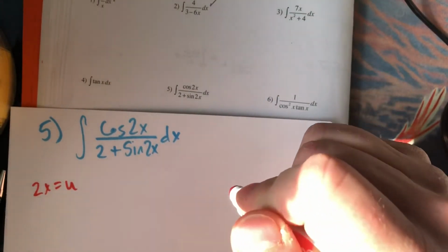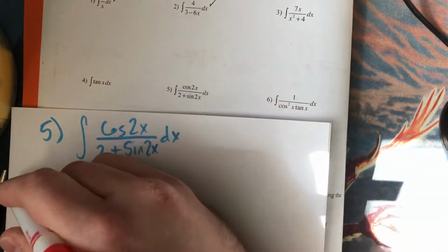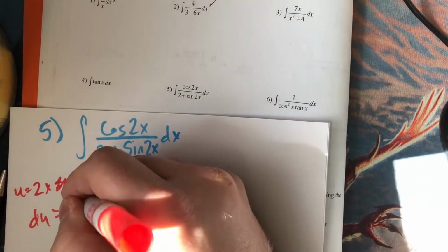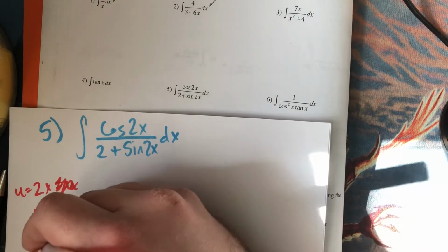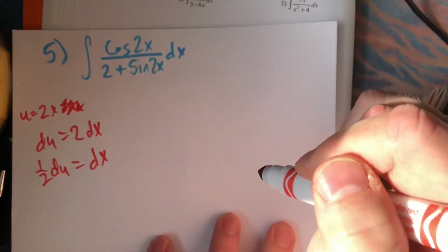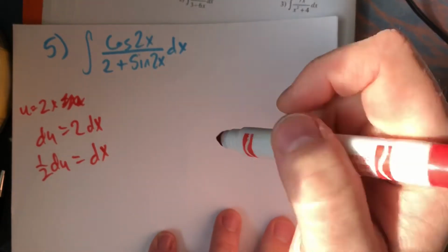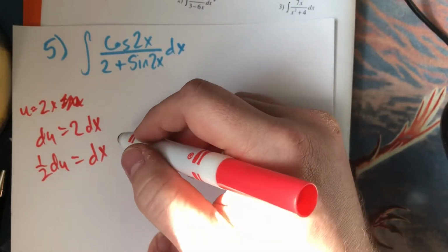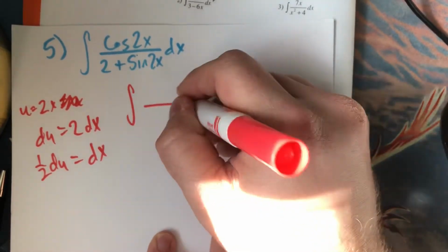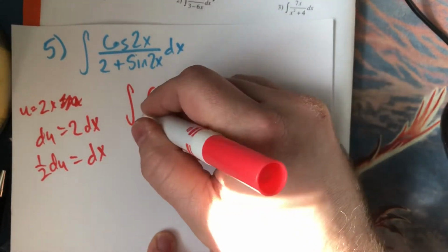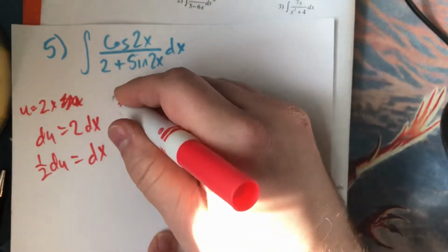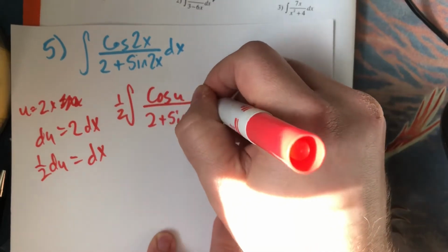Sometimes we think too small. Oops, I did it the wrong direction. I like to be consistent. So our du is equal to 2 dx. So then 1/2 du is equal to dx. So if I do that, then when I go in here and I substitute, I get cosine u over 2 plus sine u, and then I pull the half out front and there's the du.